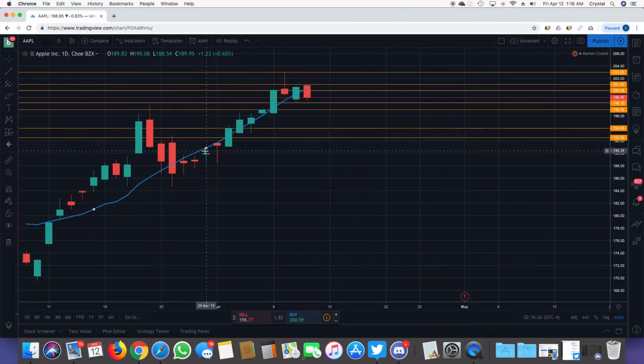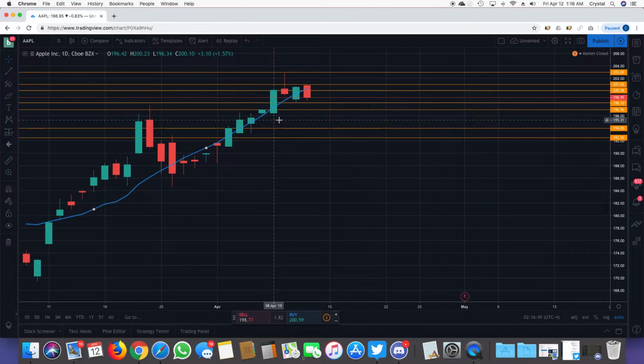Now, obviously, if something happens to Apple, some major headline event or something, it would change the trajectory of the stock. But it would still, in theory, come down and hit these levels on its downward trajectory as well.